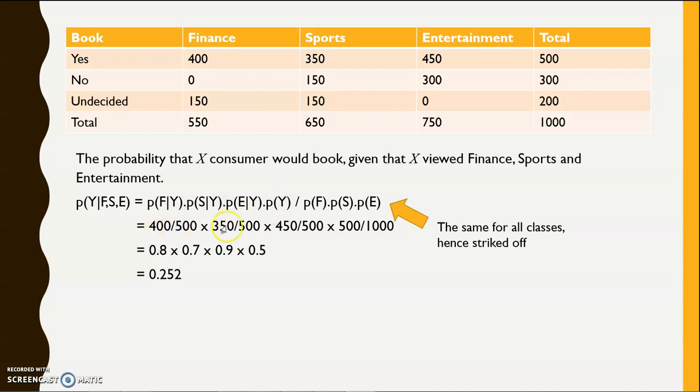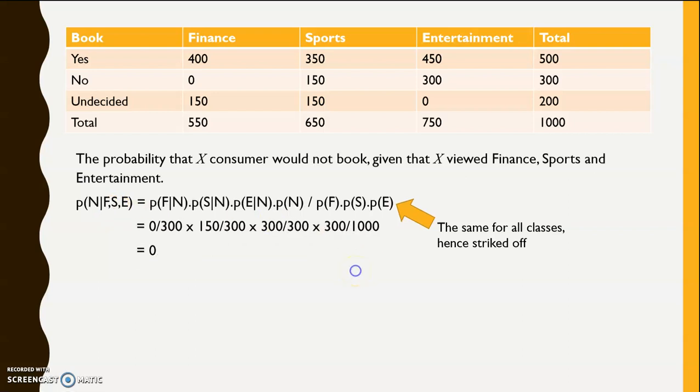So we multiply the evidences together in order to combine them. And we get a value of 0.252, the probability of booking, given that the consumers viewed finance, sports, and entertainment sites.